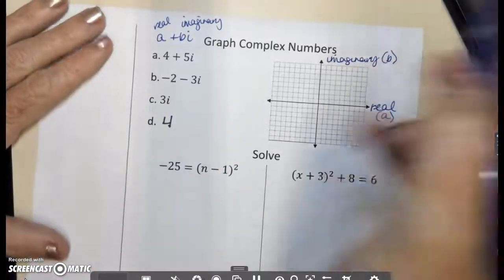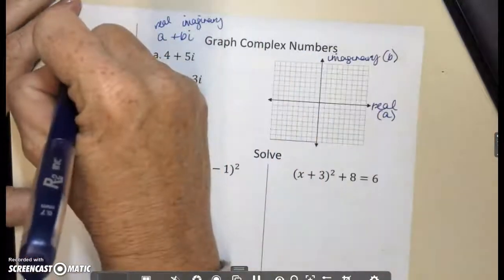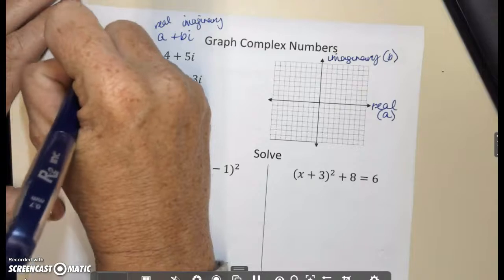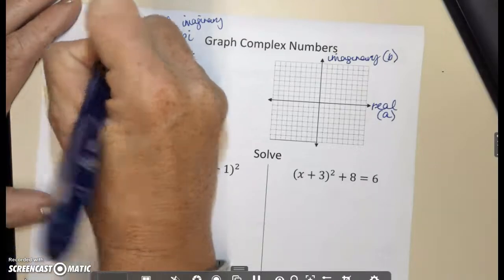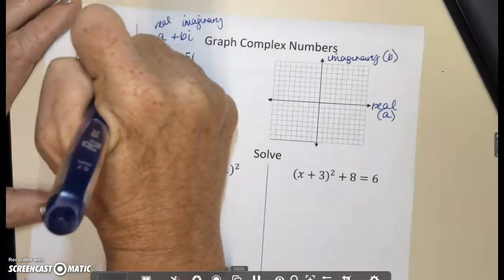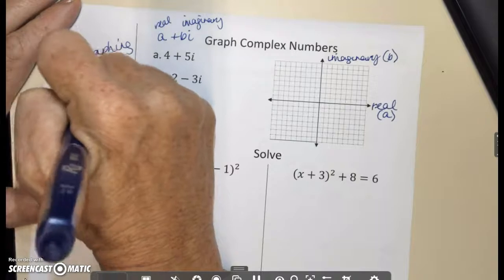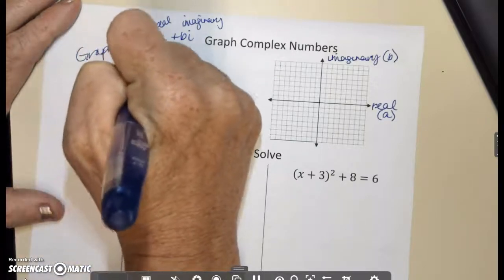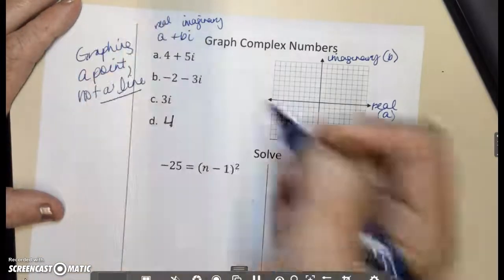Okay? And here you're graphing a point. Not a line. So actually graphing complex numbers is really easy.